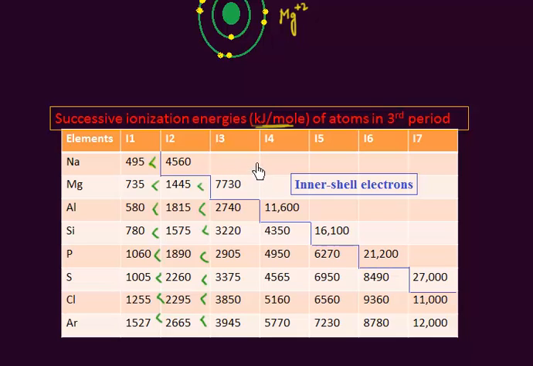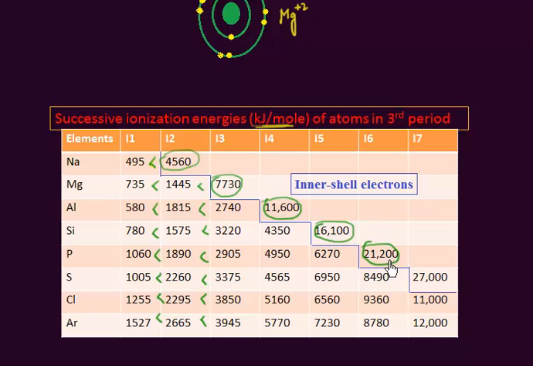That is why it requires a lot of energy to remove the inner shell electrons, because they have a strong nuclear force over them, and that's why you can see that the ionization energy of inner shell electrons is very large. Here you can see, if you compare, these values are very large.